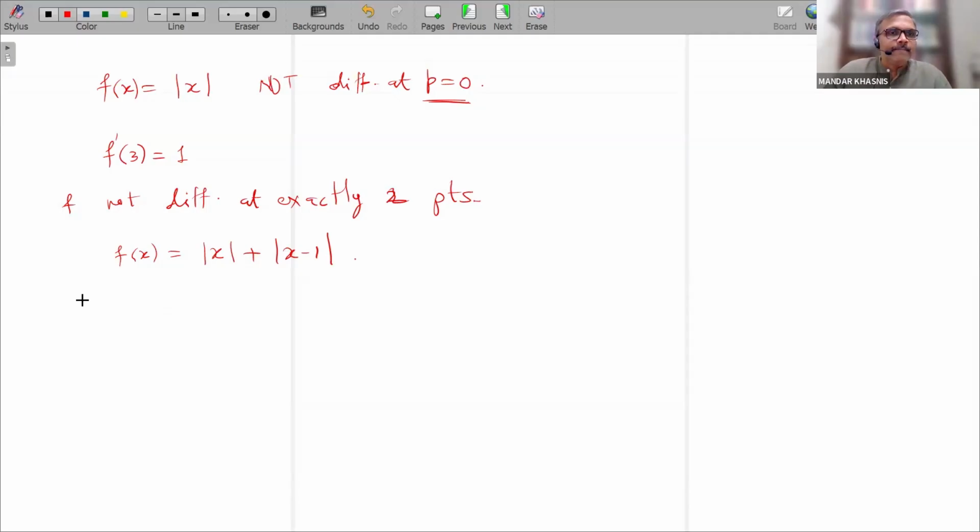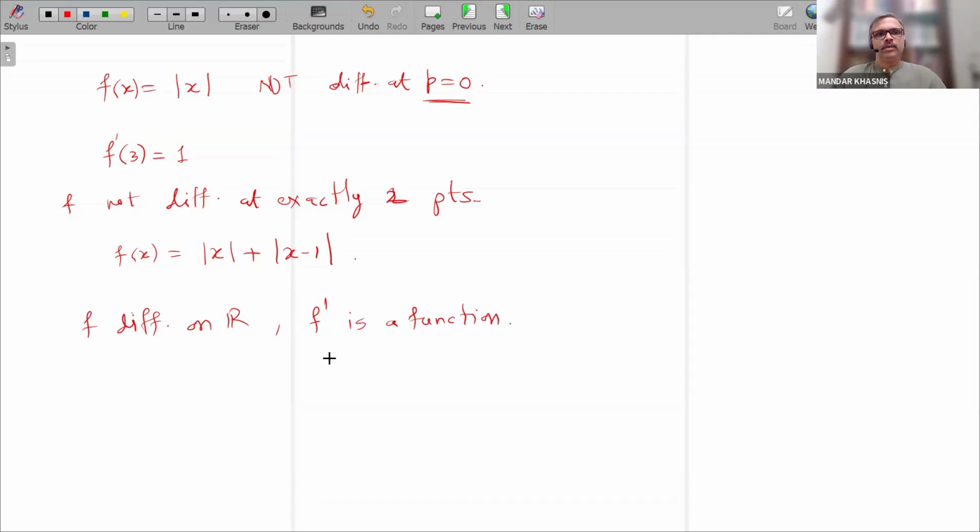Moving quickly ahead. Once I have f differentiable, suppose on R or on the whole domain, then I can always talk about f dash. f dash exists, so f dash is a function that I now get. We can ask several questions, like is f dash differentiable? Is f dash continuous?